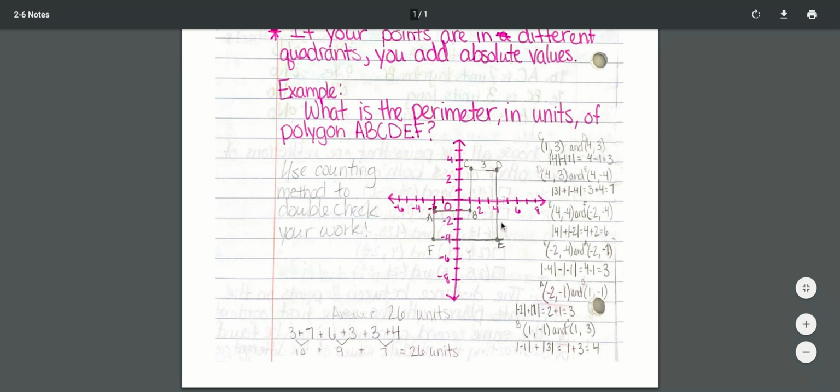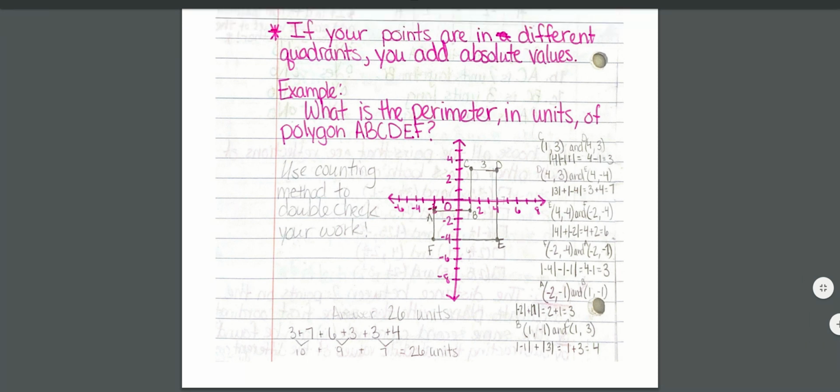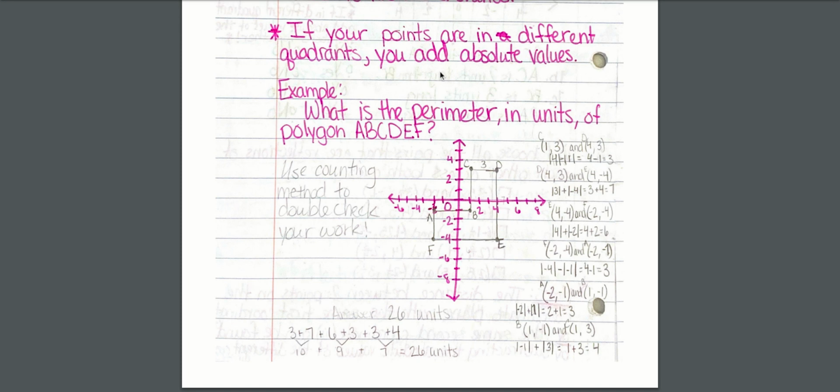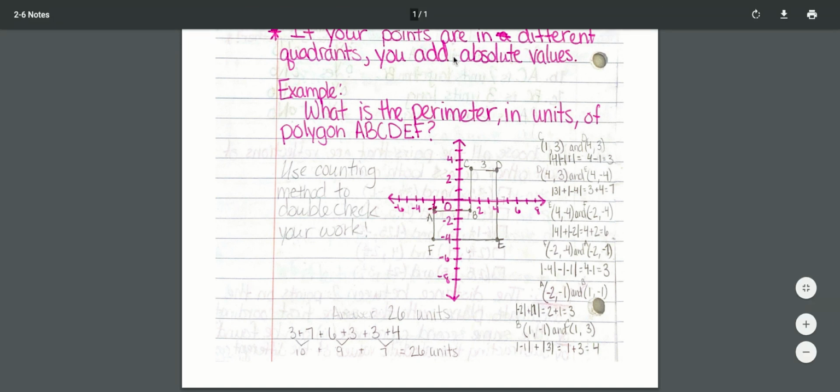So we have D and E. As you can see, coordinate D, 4, 3, is in quadrant 1, whereas point E is in quadrant 4, which means you must add because they are in different quadrants. So we find the absolute value of 3 plus the absolute value of negative 4, which gets us 3 plus 4, which is 7, because we are looking at the y coordinate here.